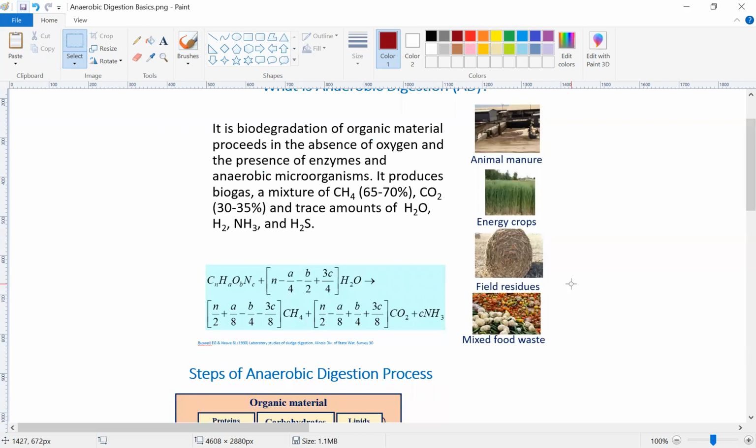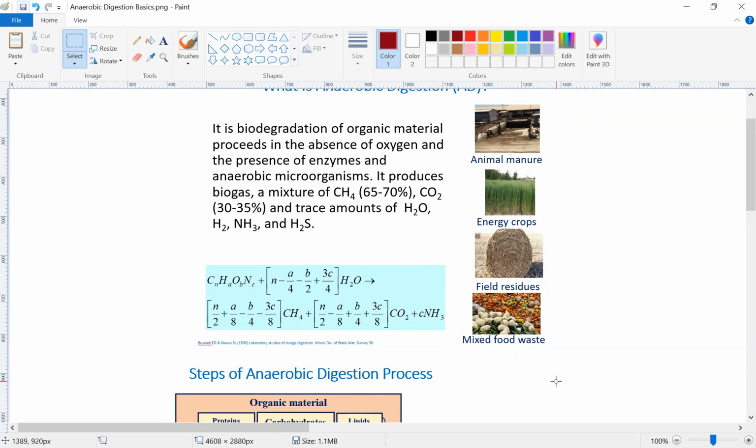Also field residues like straw or corn stover or tomato residues, or whatever is left over after harvesting of crops. One of the main organic materials is mixed food waste. It's basically leftovers from supermarkets or from markets, and also from hotels and hospitals and homes. All of this, they call it mixed food waste.